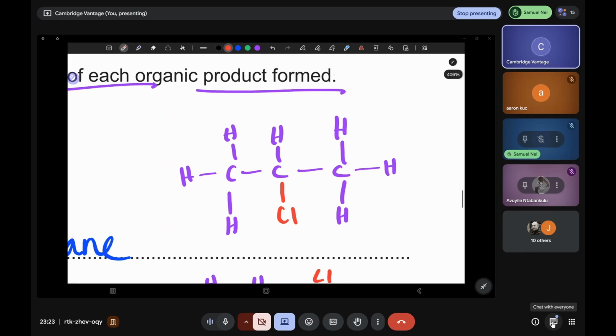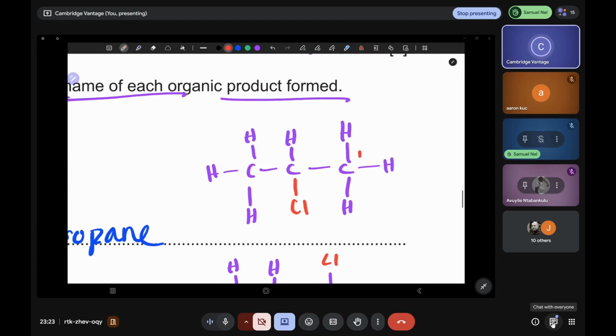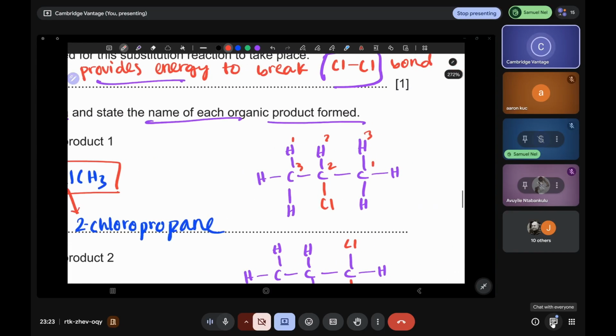Okay, so now how do we count it properly? You'll just start from any of the ends, and your goal is to make the number for chlorine the smallest possible number. So 1, 2, 3, and even if you go from the left hand side, it's still 1, 2, 3. So for this one, it doesn't really matter. But let's say if you had another carbon over here, H and H, then if you were to count from left to right, it would be 1, 2, 3, 4.